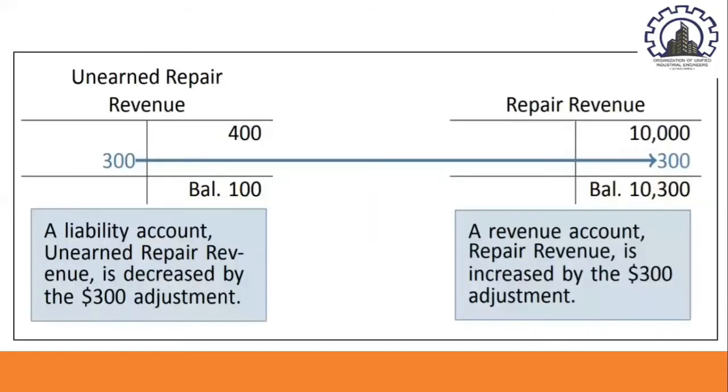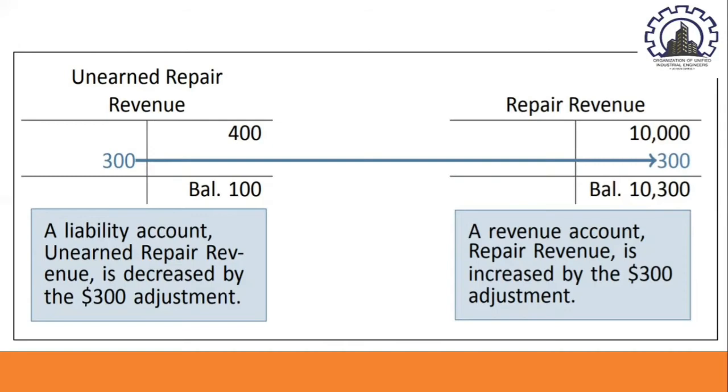And as you can see, if the adjustment was not recorded, unearned repair revenue would be overstated, meaning too high by $300, causing liabilities on the balance sheet to be overstated. Additionally, revenue would be understated, meaning too low by $300 on the income statement if the adjustment was not recorded. Okay, so that is how we do adjustment using an unearned liability account.